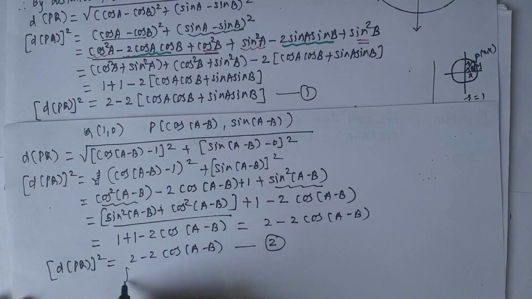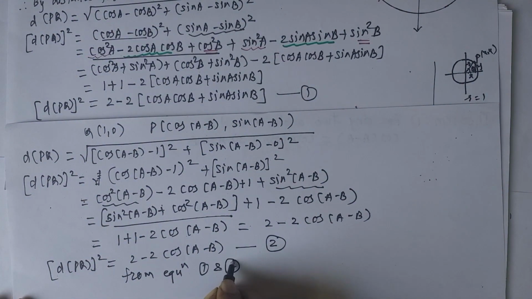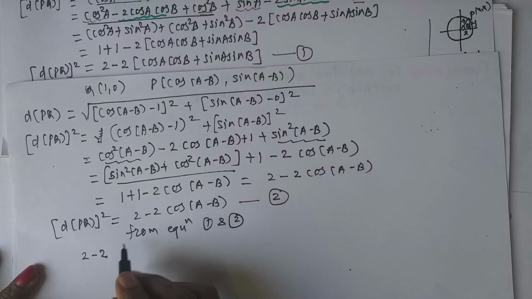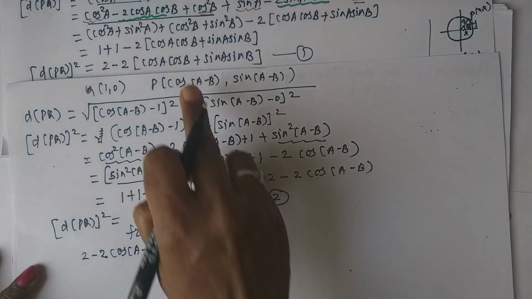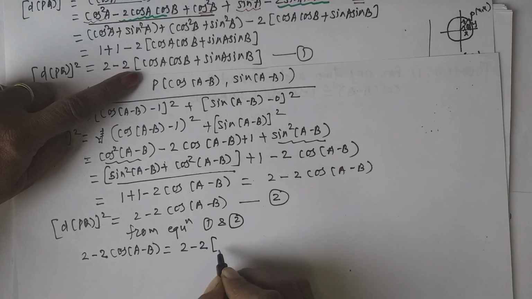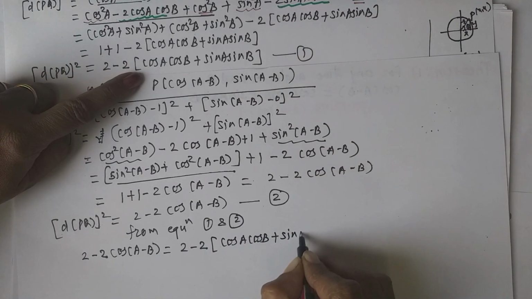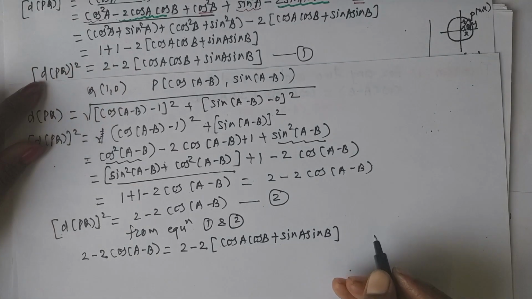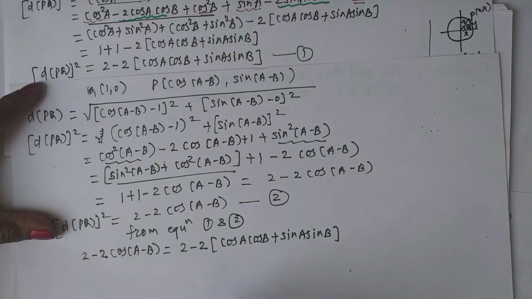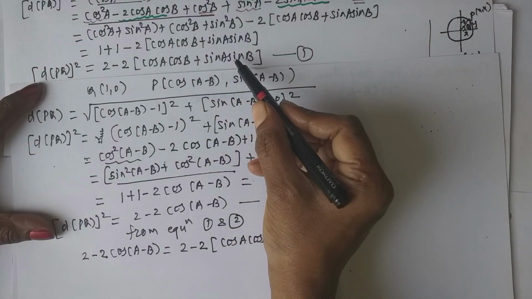From equation 1 and 2, we get 2 minus 2 cos(A minus B), and this is equal to 2 minus 2 in the bracket cos A cos B plus sin A sin B. For equations 1 and 2, the left hand sides are equal, therefore we are equating the right hand side.